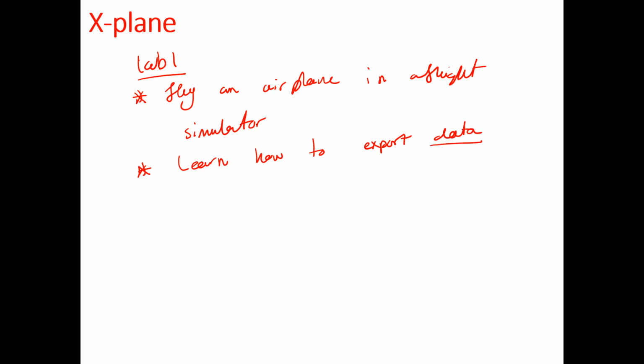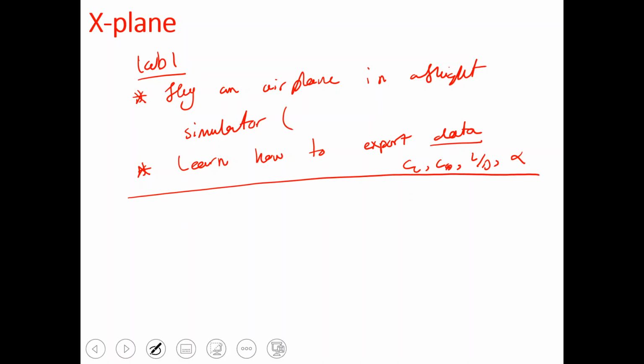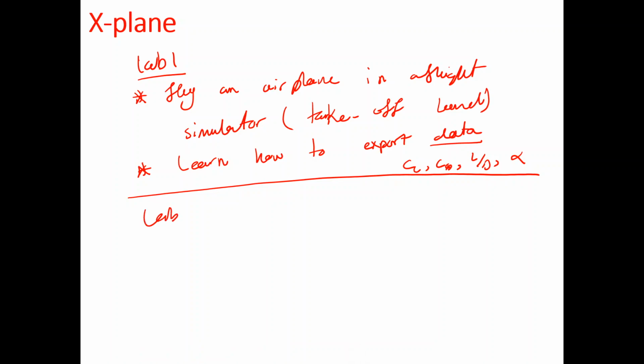And by data I mean the lift coefficient, drag coefficient, lift to drag ratio, and angle of attack. Okay, so that's your job for lab one, and you have to be able to take off and land.